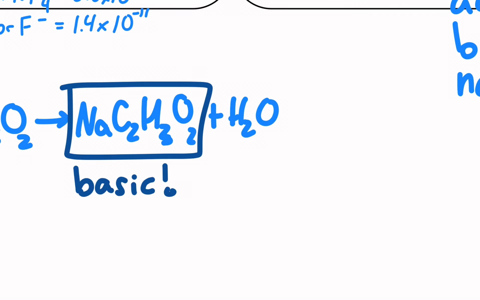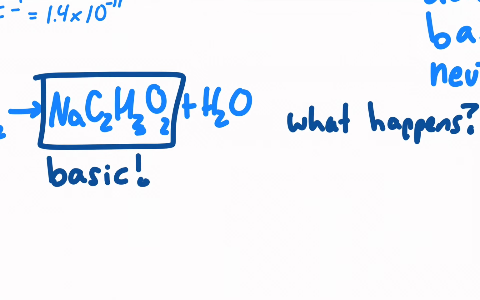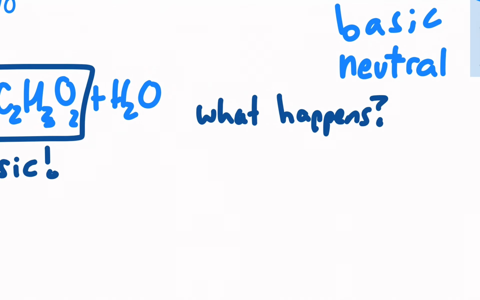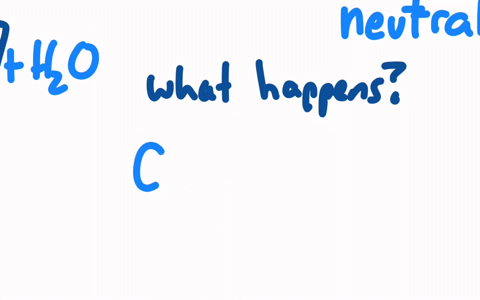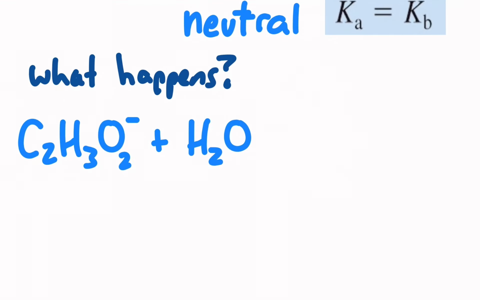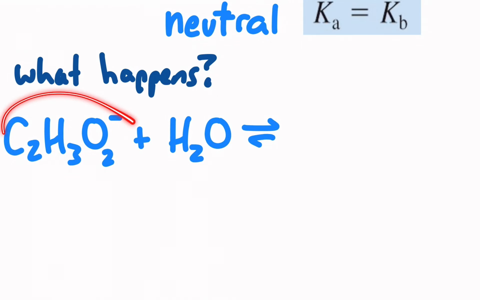But why is it basic? What happens is again because of the ions that are involved. The sodium ion isn't doing anything. It's a spectator, just like it was last semester. But that acetate ion is the conjugate of a weak acid, so it has the ability to do stuff. If I write acetate by itself with water, there's a reversible equilibrium where acetate takes an H, and then you're left with acetic acid.